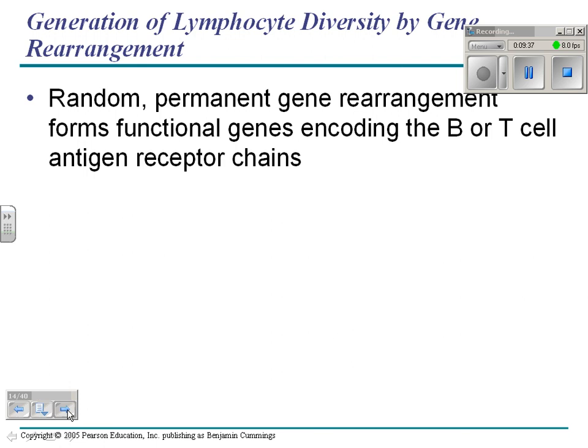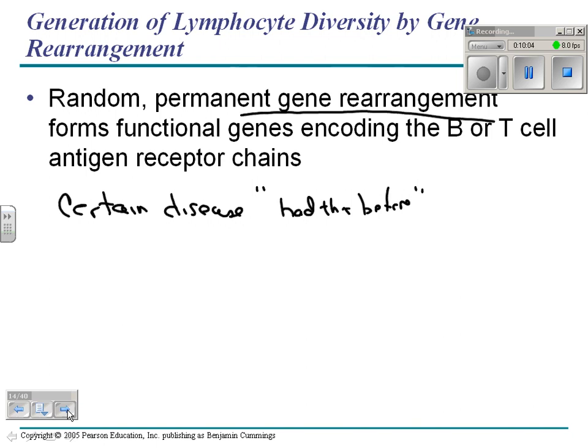how does your body recognize a certain disease? How does your body know, quote, you've had this before? And how does it know to get rid of, say, chicken pox? Well, what happens when you get infected is you get permanent gene rearrangement.